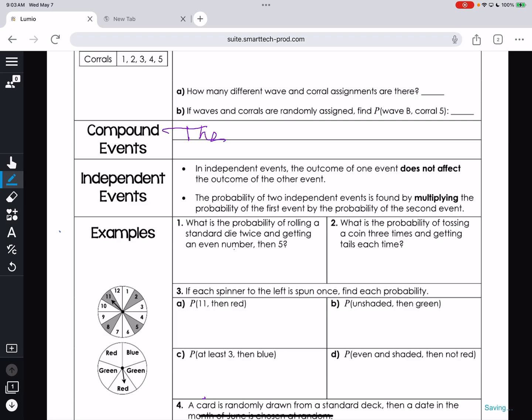It's the probability of two or more simple events coming together.